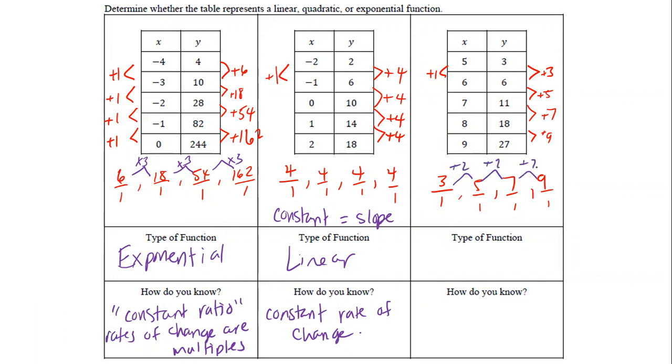There's a second common difference. So therefore it's what? Quadratic. We have a second common difference, and this one's because it's addition. So here on this one, our rates of change have addition.